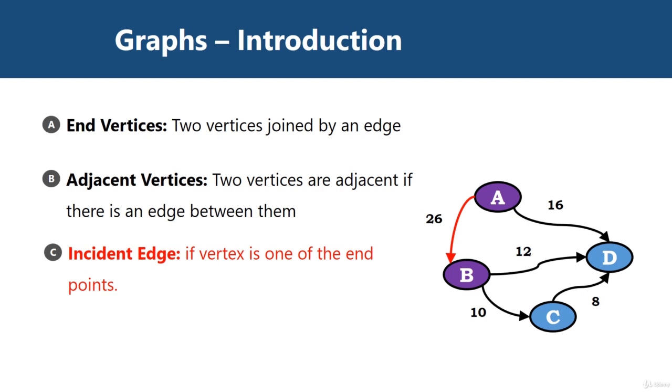For example, an edge from vertex A to vertex B is incident from vertex A and incident on vertex B. In the same way, an edge from vertex B to vertex C is incident from vertex B and incident on vertex C.